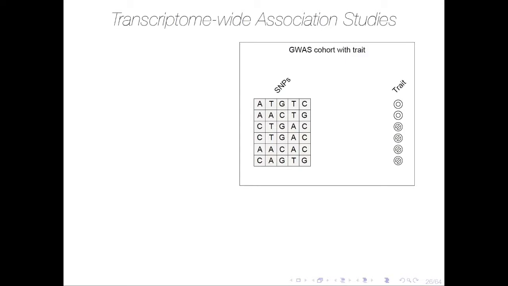So the idea of what's known as a TWAS is that if you have some data set where you have genotype information, so single nucleotide polymorphisms, as well as some trait of interest, say whether you do or don't have a disease, but you have no molecular phenotyping.